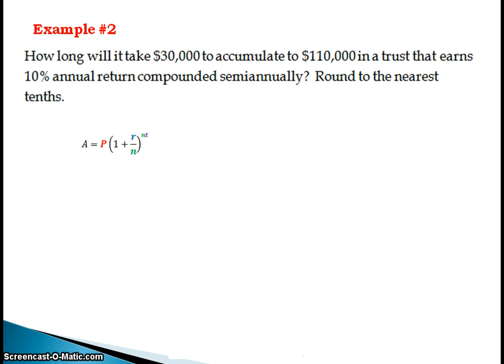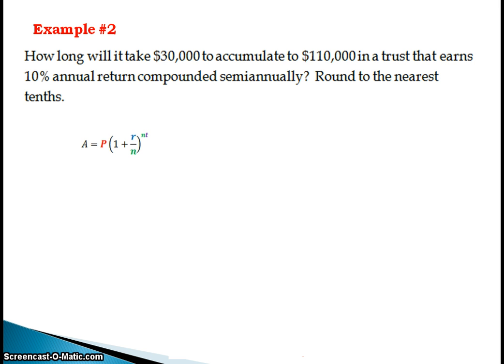Here's example 2. How long will it take $30,000 to grow to $110,000 if we put it in a trust that earns a 10% annual return that is compounded semi-annually? Now we're going to round to the nearest tenth.